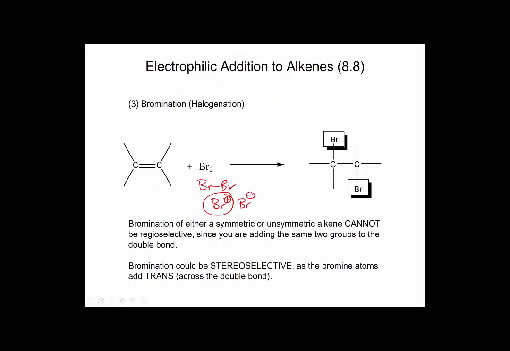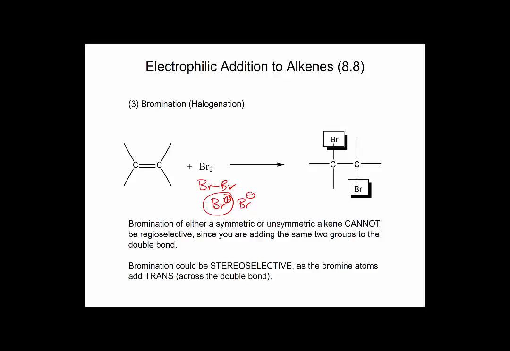No, why not? Regioselective. I'm adding the same group. Symmetrical reagent. Br2 is symmetrical. It doesn't matter whether I add the Brs this way or this way. I'm adding 1 Br here, 1 Br there. So for Br2 addition, there's no Markovnikov or anti-Markovnikov.